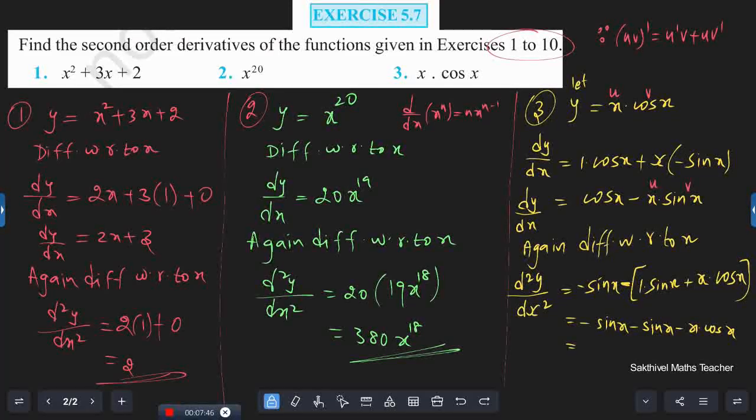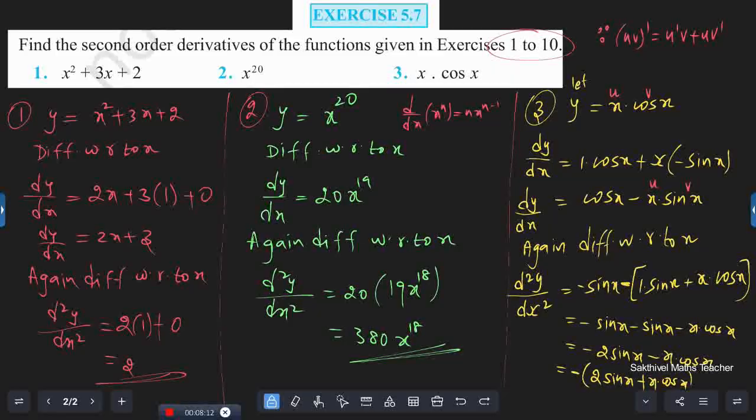So minus 2 times sin x. This is the answer to the question. You can write it as it is, not an issue. If you want to take minus, you can take it outside commonly: minus of 2 sin x plus x cos x.